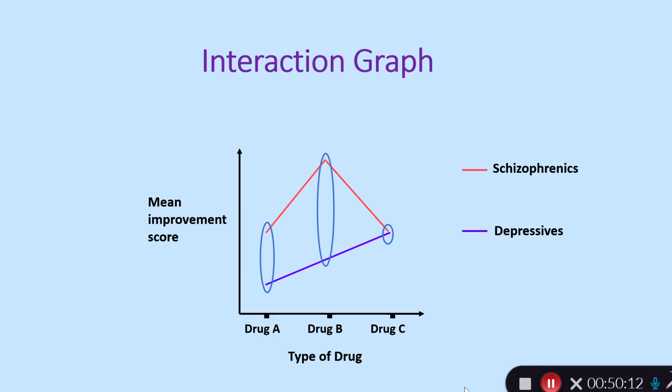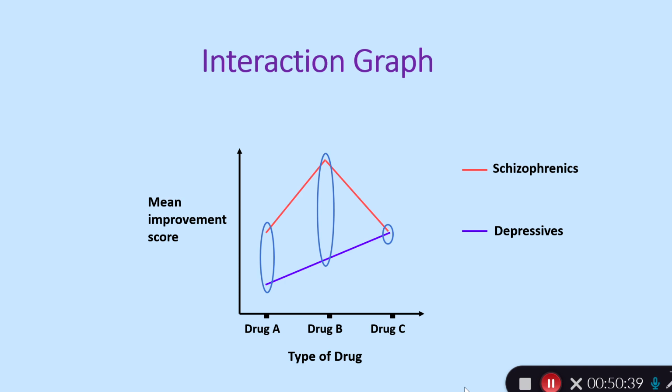If you're depressive, you definitely want to be taking drug C. That's the highest mean of all three in relation to depressives. So what we're asking is, what's the best drug to take to improve your symptoms? And the answer is it depends. It depends if you're schizophrenic or if you're depressive.